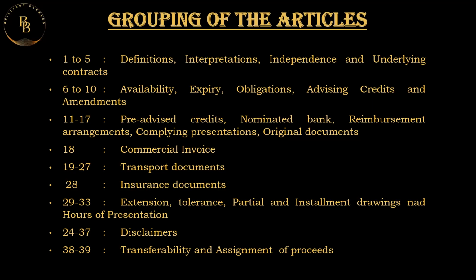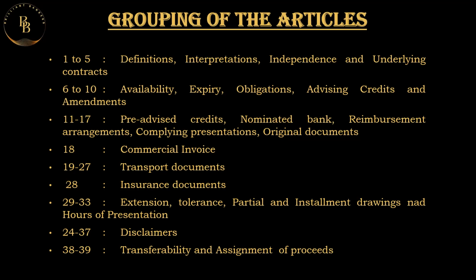Articles 11 to 17 are regarding the pre-advised credits, the nominated bank, the reimbursement arrangements, complying presentations and the original documents. Article 18 is about the commercial invoice.